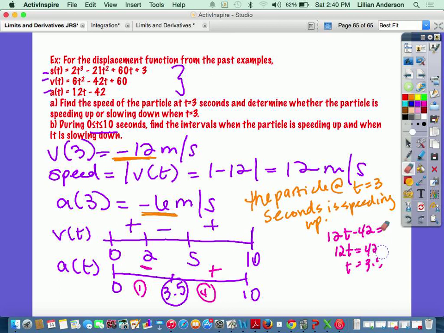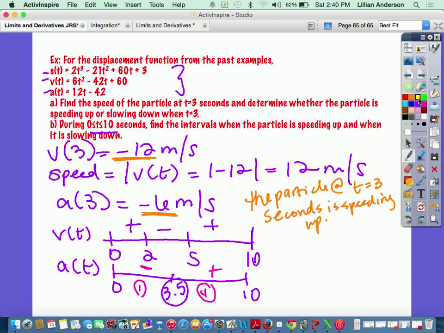I'm going to erase this so I can finally write down my final answer for part B, which says to find the intervals when the particle is speeding up and when it's slowing down. Remember, when the signs are the same, the object is speeding up, and when they're different, it's slowing down.